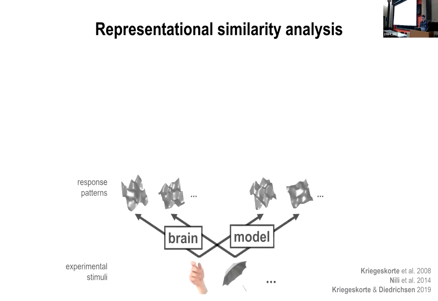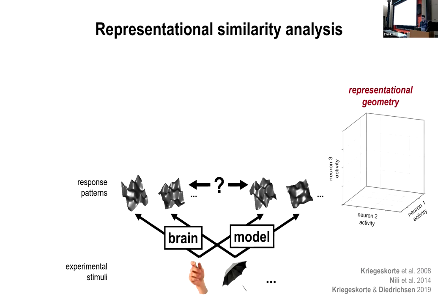So briefly about model comparison in the analysis, we've been developing this framework called representational similarity analysis, where we consider the response patterns associated with a set of different stimuli as points in a high dimensional response space in either a layer of a neural network or a cortical area.